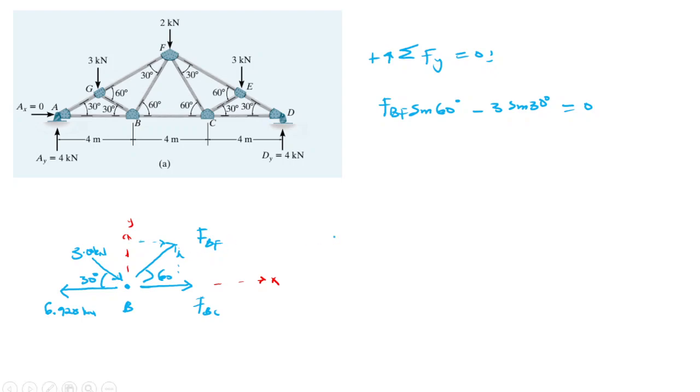Remember what I said, that it is where the angle is facing that takes sine, whether it's facing the horizontal or vertical. The other angle is cos. So FBF becomes 1.73 kilonewtons, and that is tension, which is the direction we picked.